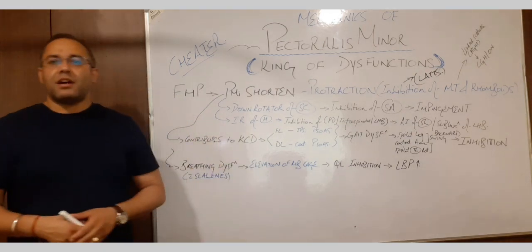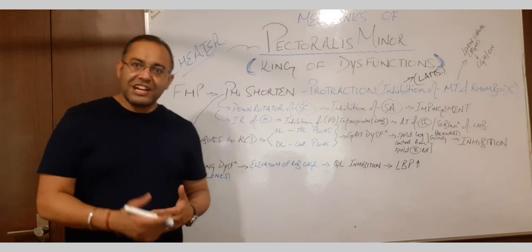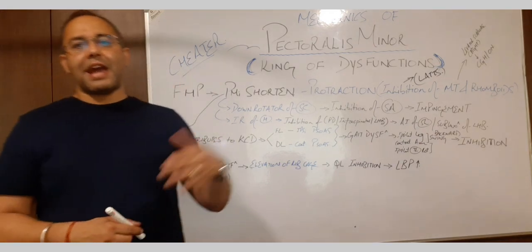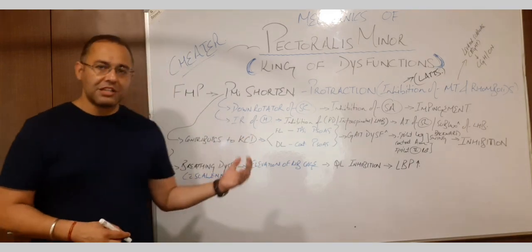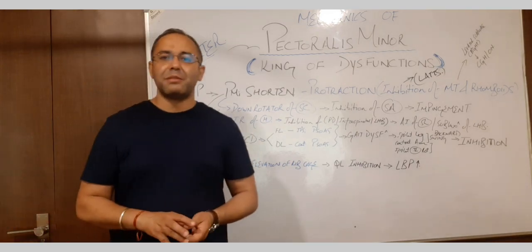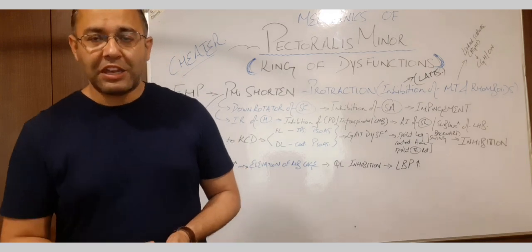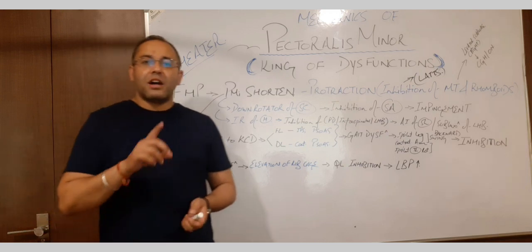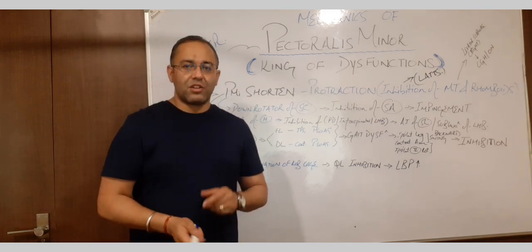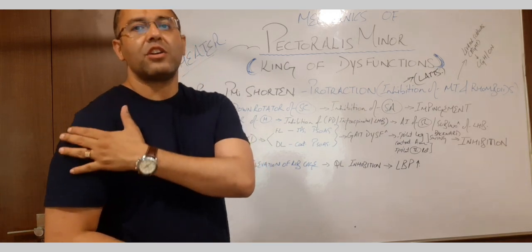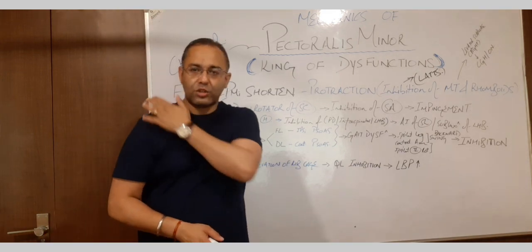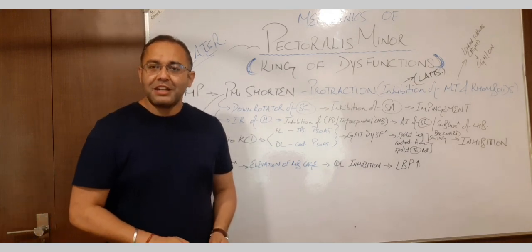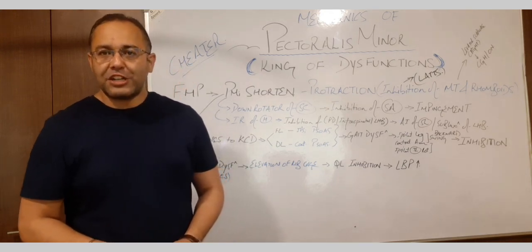It might cause gait dysfunction in individuals. It alters the breathing pattern. It hampers the latissimus dorsi and quadratus lumborum muscle, and hence indirectly it becomes the cause of low back pain. So my advice to my young physios and to my patients is, every time you are diagnosing neck pain, shoulder pain, mid-thoracic pain or low back pain, do evaluate your pec minor and check whether pectoralis minor is tight or not.